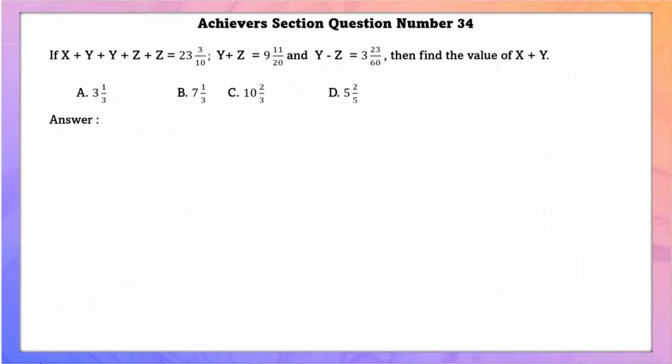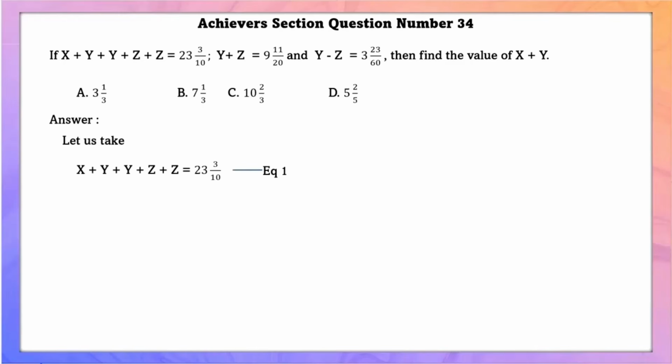Achiever section question number 34. If x plus y plus z is equal to 23 3 by 10 and y plus z is equal to 9 11 by 20 and y minus z is equal to 3 23 by 60, then find the value of x plus y.